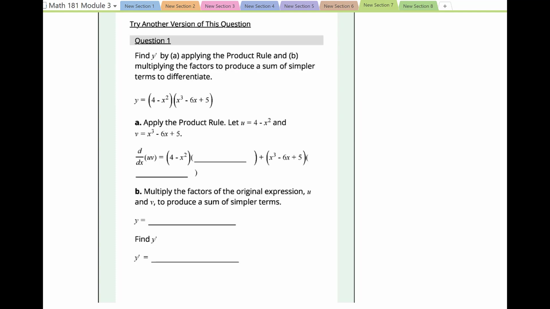This is a little bit out of order from the way we were doing it before. This is going to be our dv. They're saying dv is the derivative of the v part, and du is the derivative of the u part. So this would be our du.